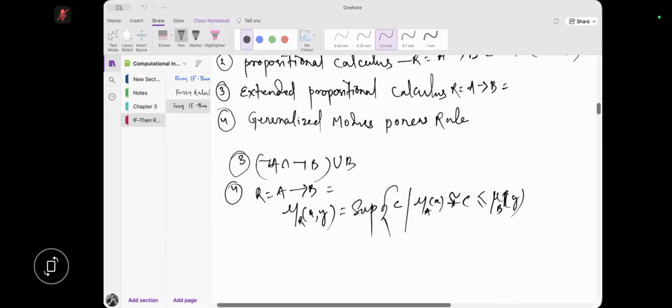Okay? And C is nothing but a value between 0 to 1.